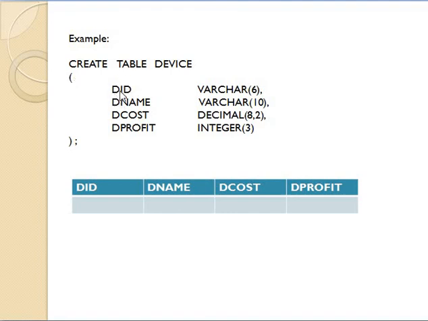Now for the first column, did of this table device, the data type varchar has a size, and the size is 6. That means the column did can hold values which shall not exceed 6 characters.